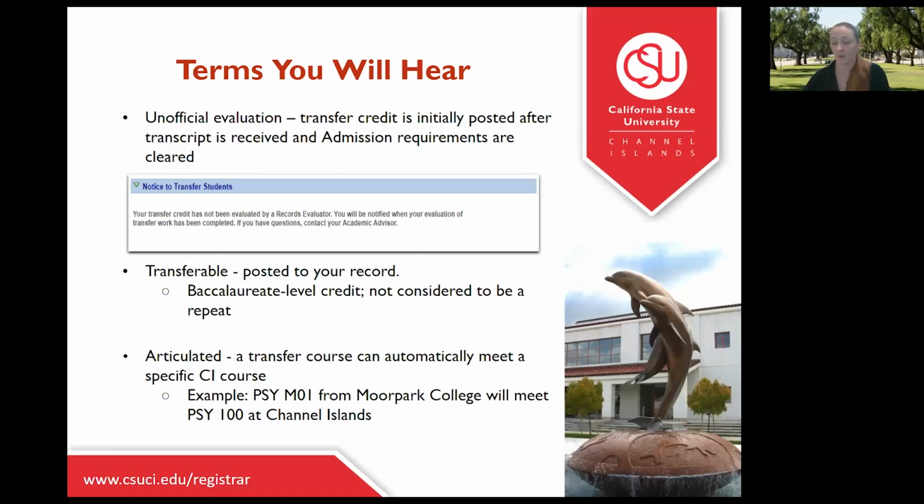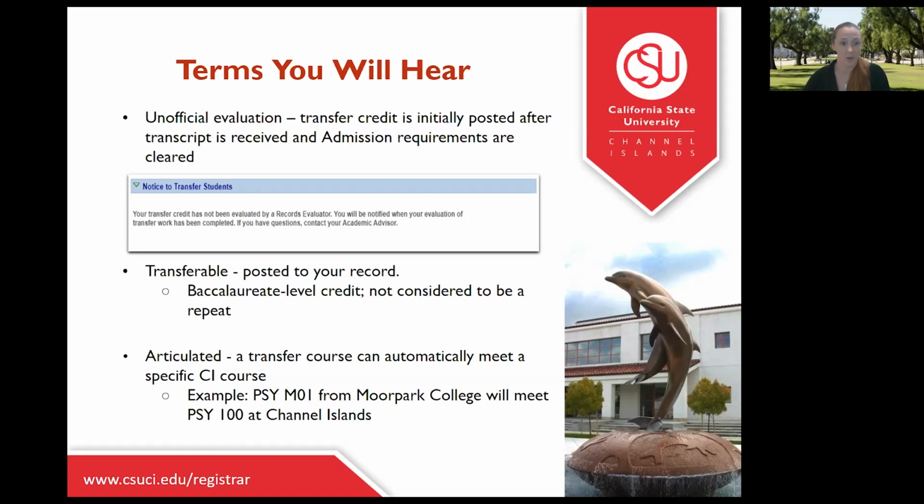To put this in a little bit more context for you, I wanted to highlight some of those common terms that you're going to hear regarding transfer credit and the evaluation process. Shortly after receiving your transcript, your coursework is loaded into our system and preliminarily posted. So this means that if you were to go into your student center, you'll see your transfer credit there, but it may look off.